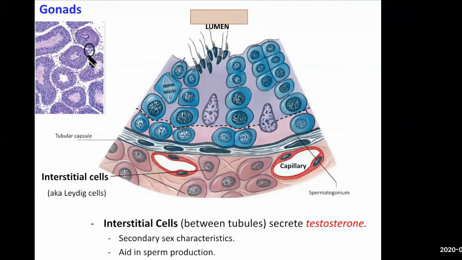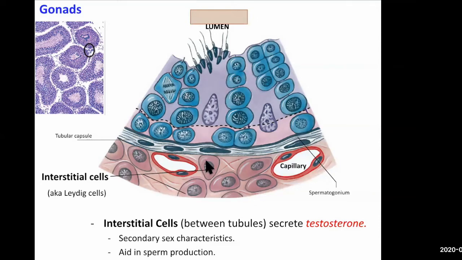Also, right outside those tubules are these interstitial cells, interstitial meaning in between the tubules. They're within this kind of loose connective tissue area right here. These cells are producing testosterone.